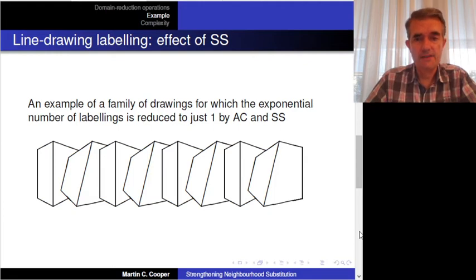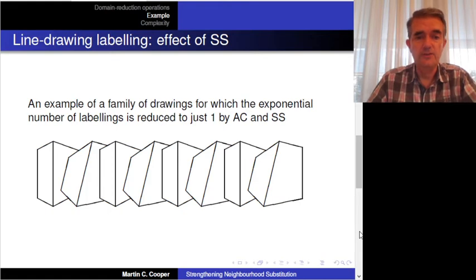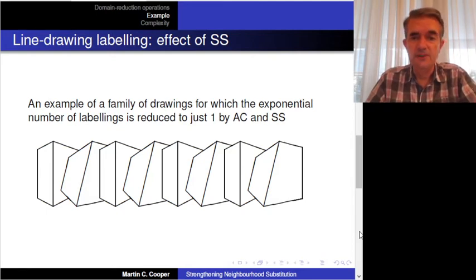Just to give you a quick example of what we can achieve with, for example, snake substitution, if we look at the classic problem of line drawing labeling, we want to assign a semantic label to each line in a line drawing such as this drawing. Because of ambiguity between whether this is actually one object or different objects which aren't actually touching each other, the vertical lines are very often ambiguous.